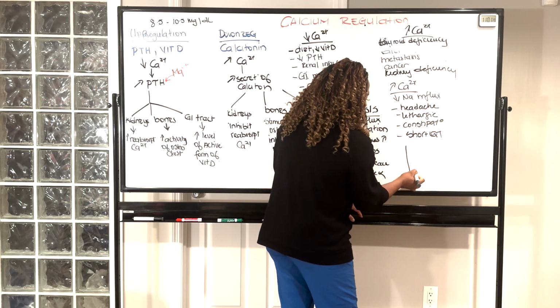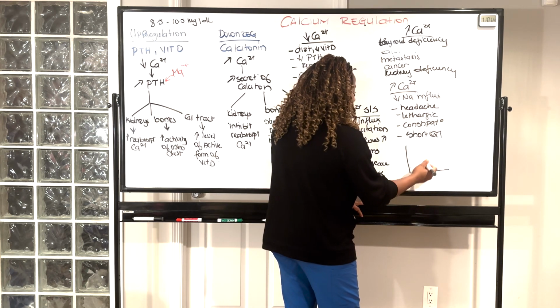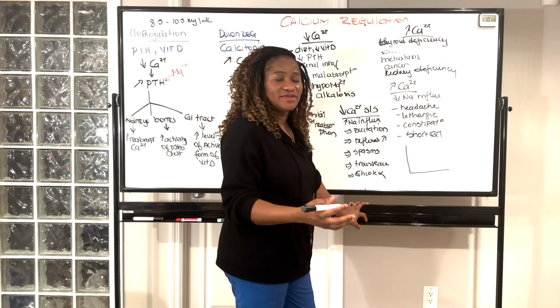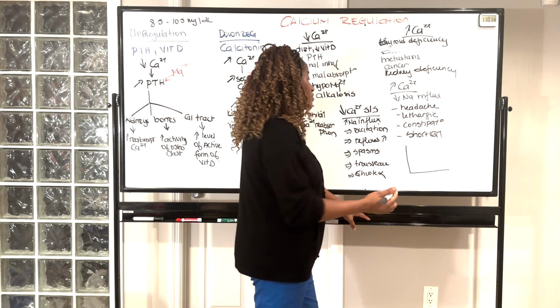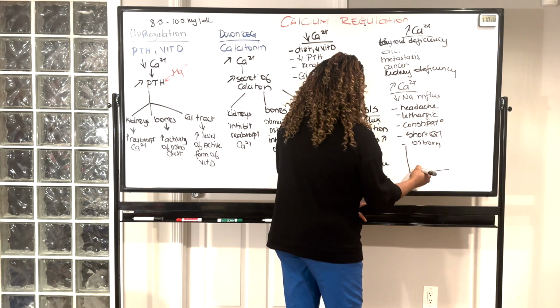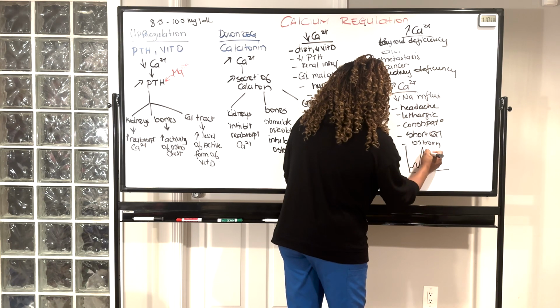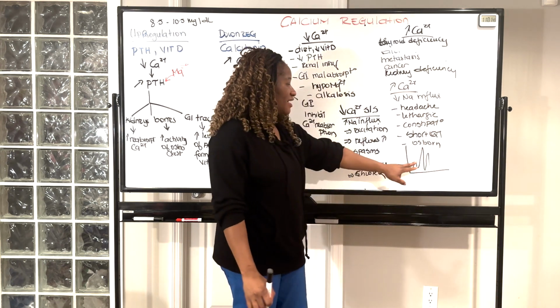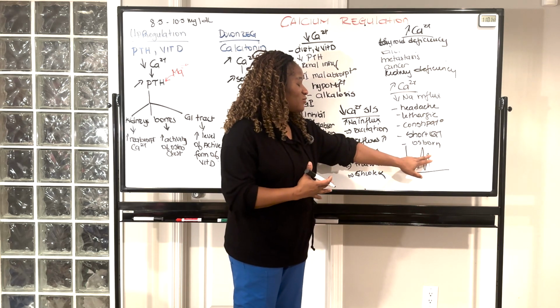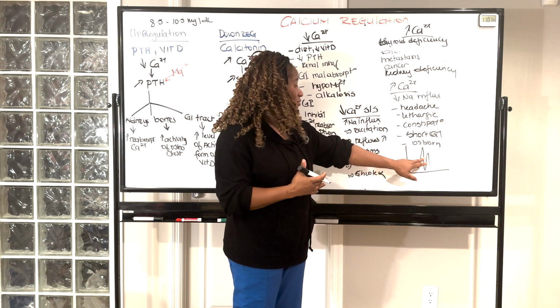And also on my EKG, I'm going to have a wave called the Osborne wave, and it's going to look like this. It's like a second R wave, with less amplitude than the normal R wave here.